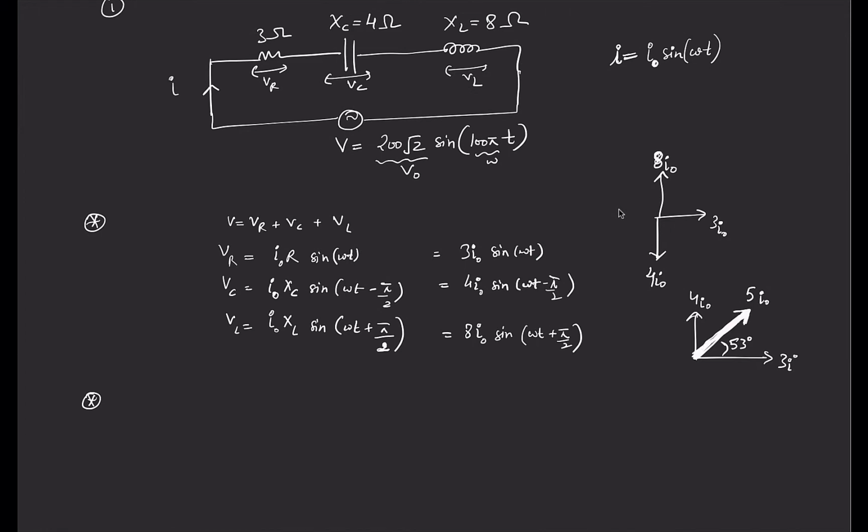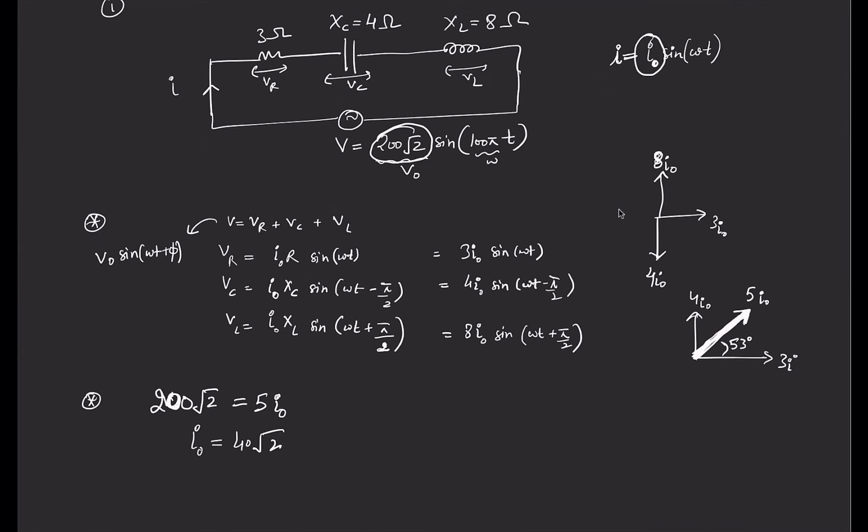So V naught should be equal to 5 I naught, but V naught is 200 root 2, right? So V is equal to V naught sine of omega t plus phi, something like that. But we know that V naught is equal to 200 root 2. So this 200 root 2 should be equal to 5 I naught, which implies I naught is equal to 40 root 2. So we have already found I naught, and that's the most important part.